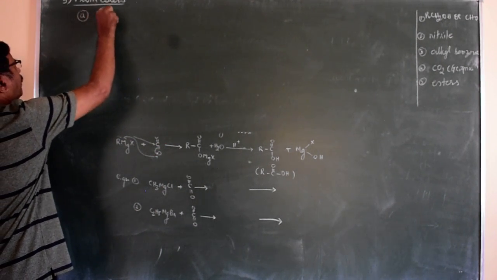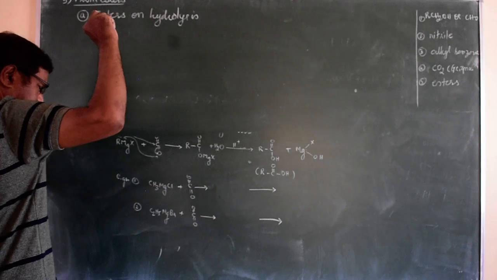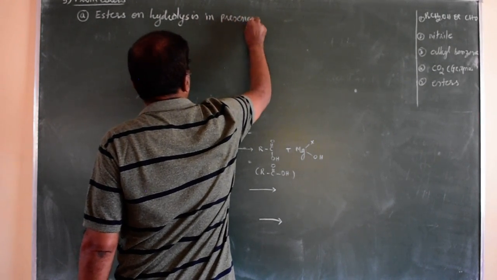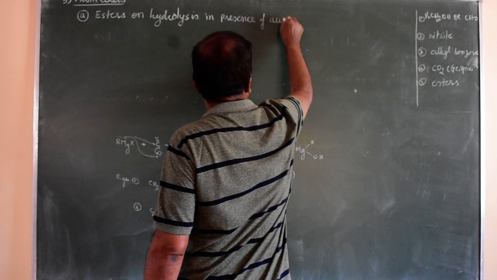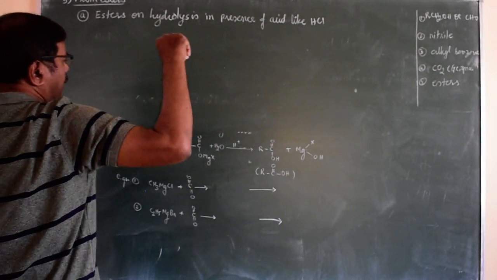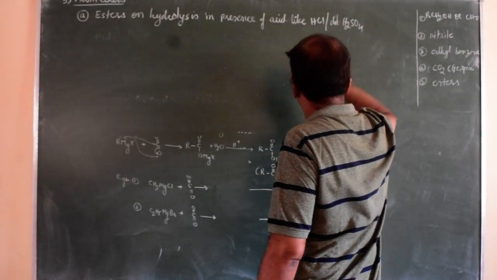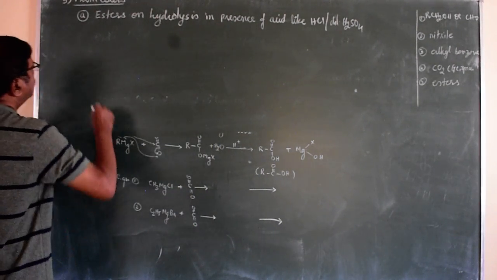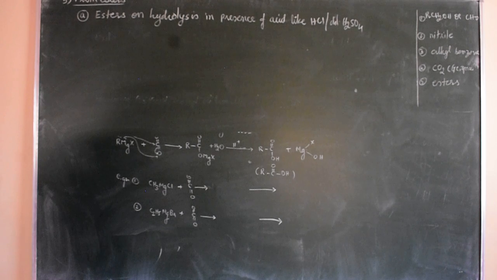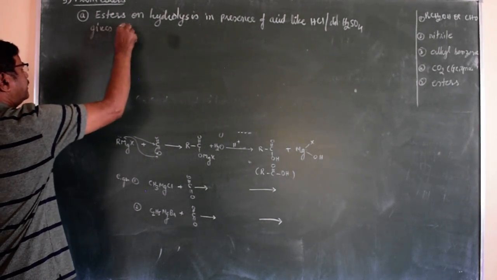So esters on hydrolysis in presence of acid like dilute HCl or dilute H2SO4 give carboxylic acid.